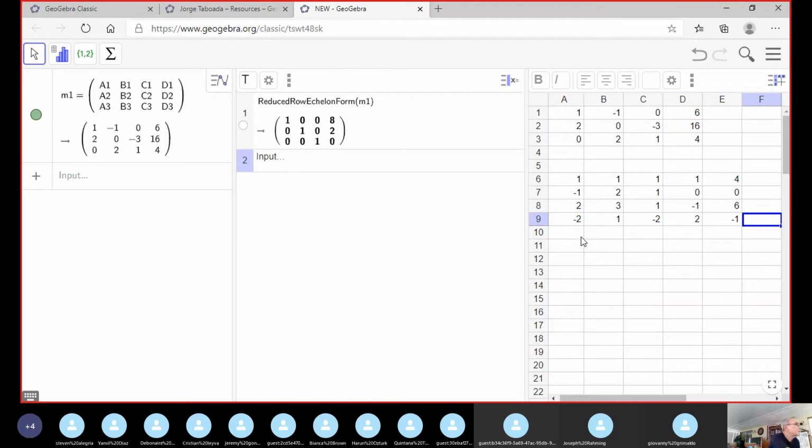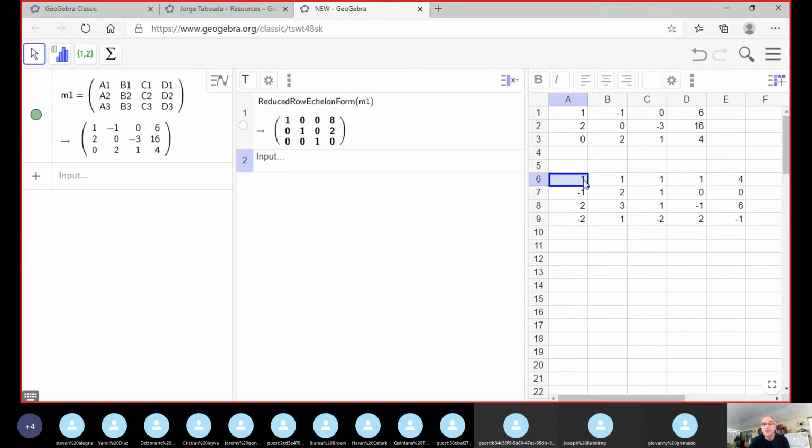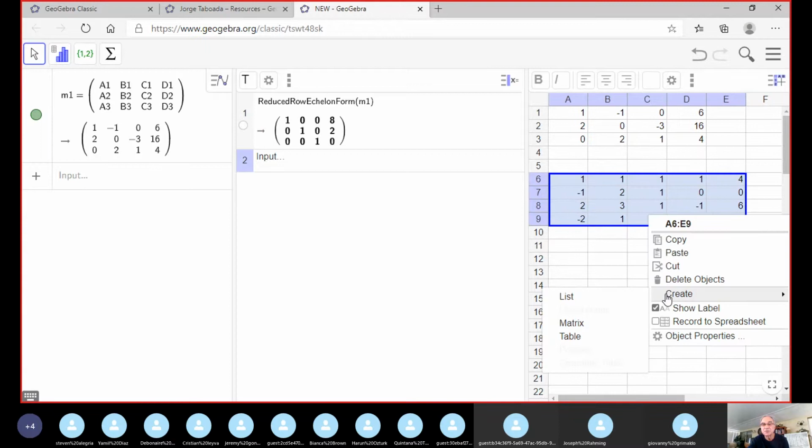Let me see if I typed it right or wrong. Let me see the original example. The original example is yes. Okay, super. Remember, I select the system, I create the matrix associated with this.